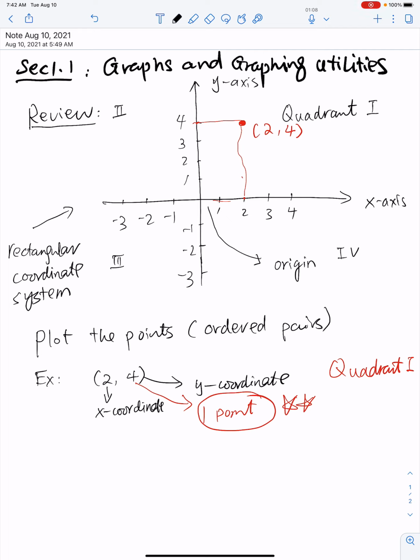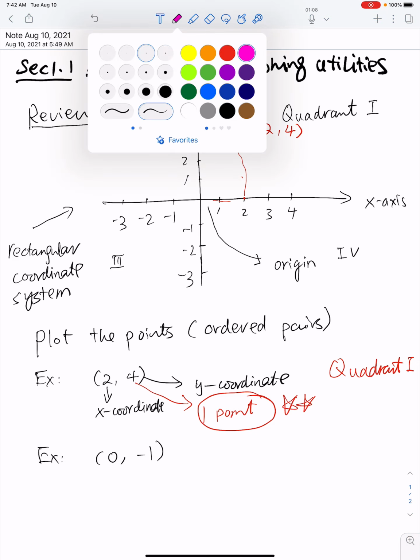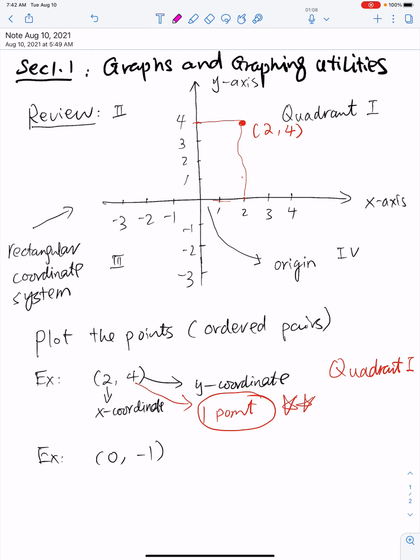The tricky example is, where is (0, -1)? What does 0 mean? It means x is 0, y is -1. So here is (0, -1), on the y-axis. But which quadrant is (0, -1) in?